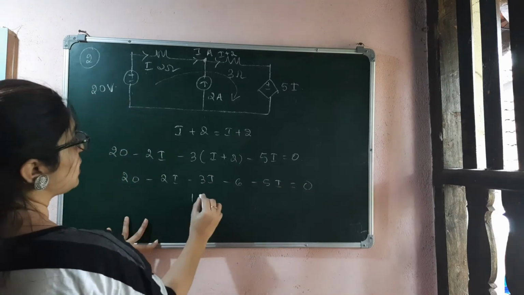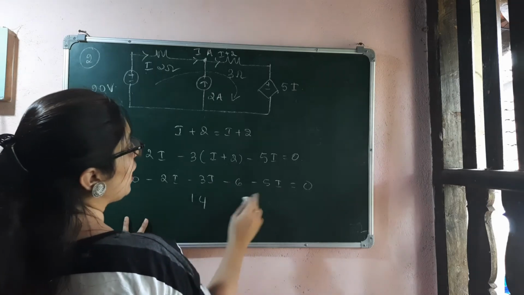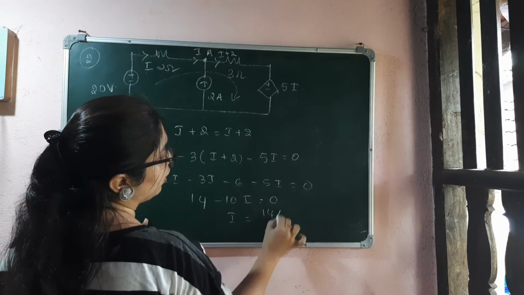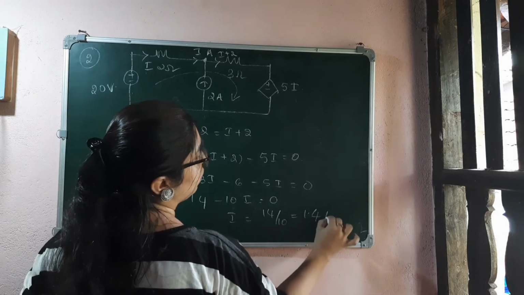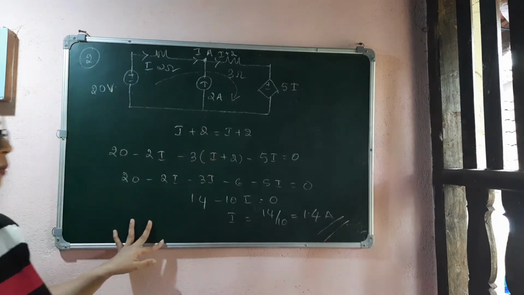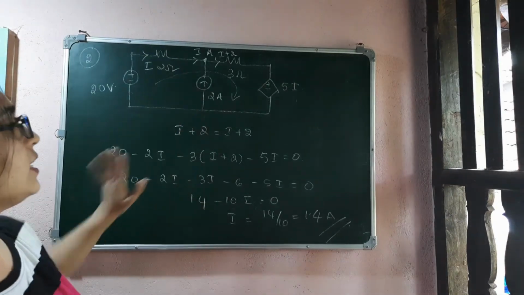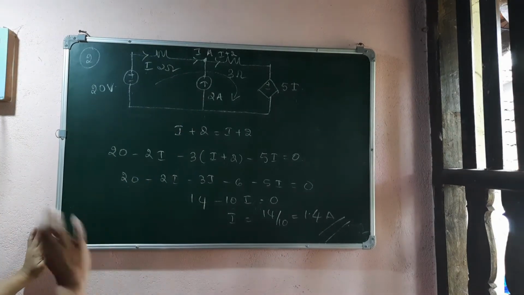So 20 minus 6 is 14, and 2I plus 3I plus 5I is 10I, that is equal to 0. So I is equal to 14 divided by 10, that is equal to 1.4 ampere. So this will be the current that is flowing through the circuit.